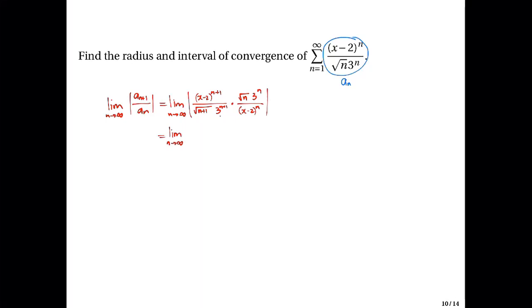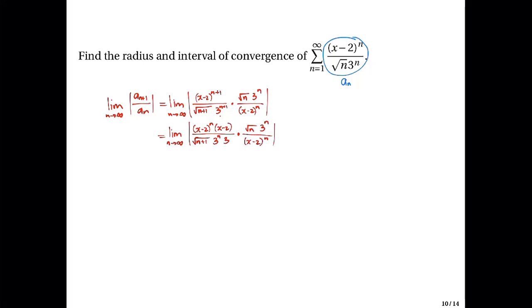So we get x minus 2 to the n times x minus 2 divided by square root of n plus 1, 3 to the n times 3. Then we copy square root of n, 3 to the n over x minus 2 raised to n.